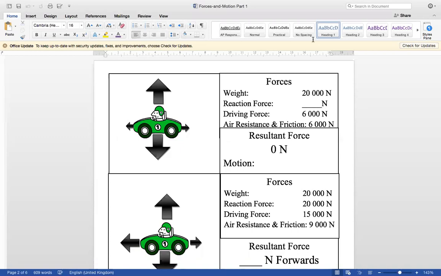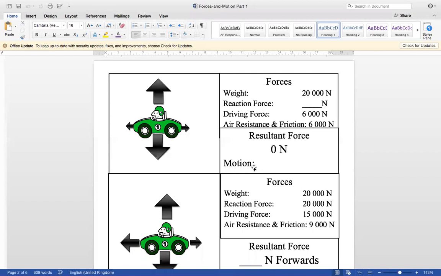This was last week's work, so I just want to go through it and discuss. I'm given the weight. The weight is the force pulling it to the bottom. Is it 20,000? Yes. So the reaction force is the one opposite to the weight. Because the resultant force is 0, that means there is no net force. The driving force and air resistance are 6,000, 6,000, so they cancel out. For the resultant force to be 0, the reaction force has to be 20,000.